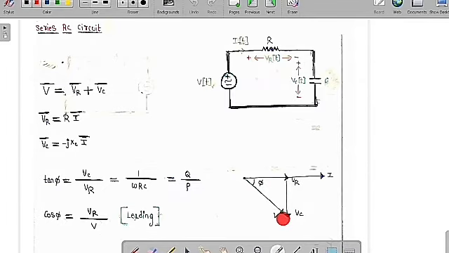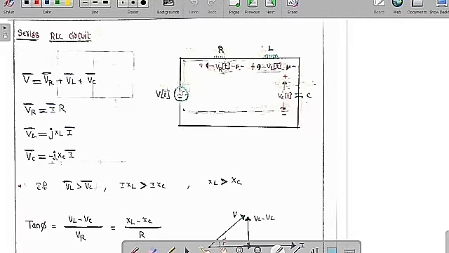So we say this network is a capacitive network or a leading network. If you want to find the power factor of this circuit, which is adjacent by hypotenuse, which is VR by V, we can say it is a leading network. Here now we are going to learn about the series RLC circuit.